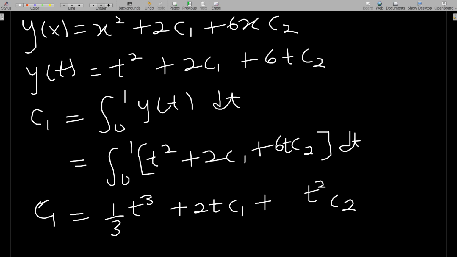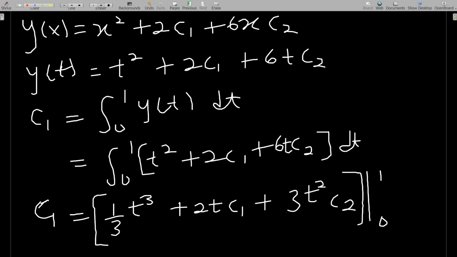Then we simplify everything from 0 to 1. When I put the bar there, it means I'm simplifying everything.